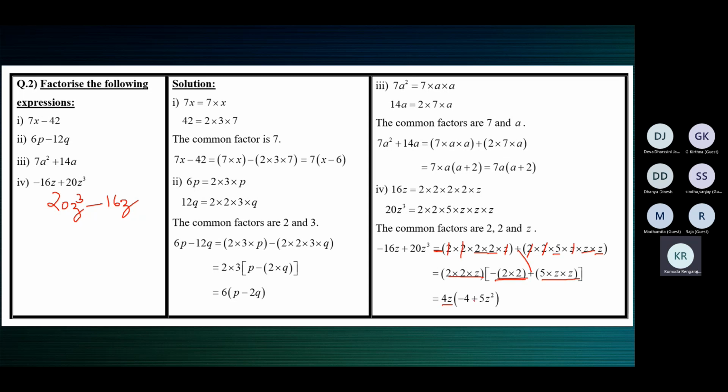Here you get minus 4 plus 5z square. Now if you multiply 4z into minus 4, it is minus 16z. And 4z into 5z square is 20z cubed, which is the second term.